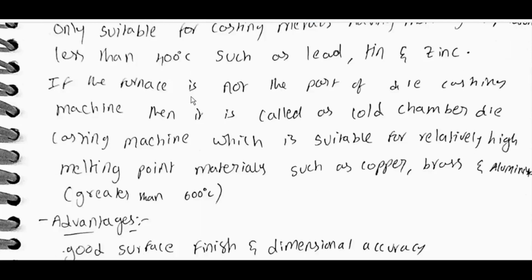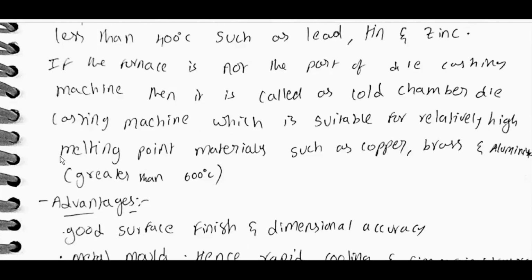If the furnace is not part of the die casting machine, then it is called a cold chamber die casting machine, which is suitable for relatively high melting point materials such as copper, brass, aluminum, greater than 600 degrees centigrade.